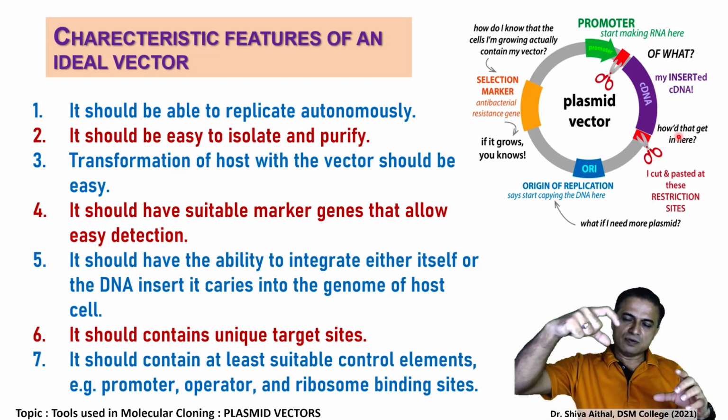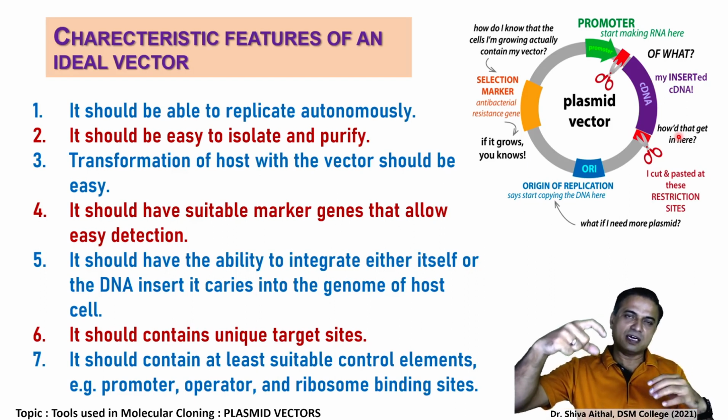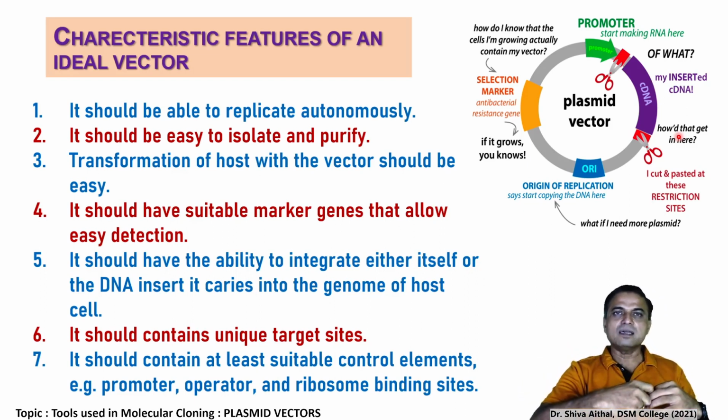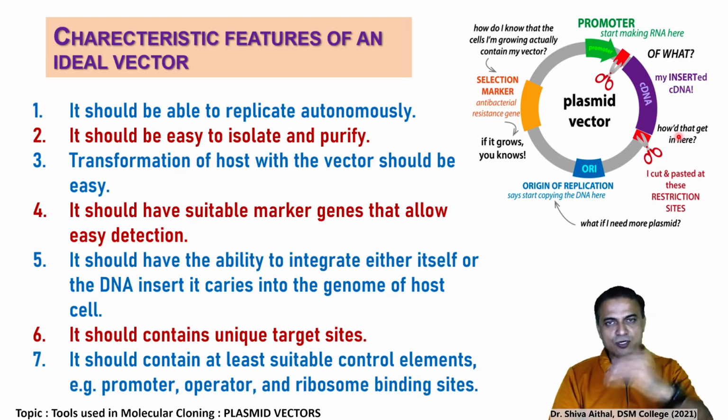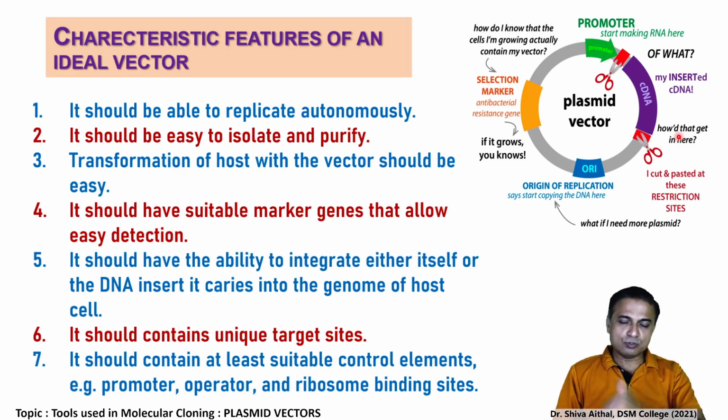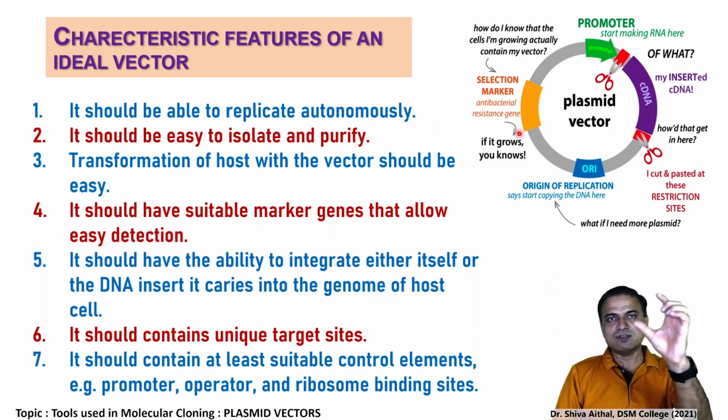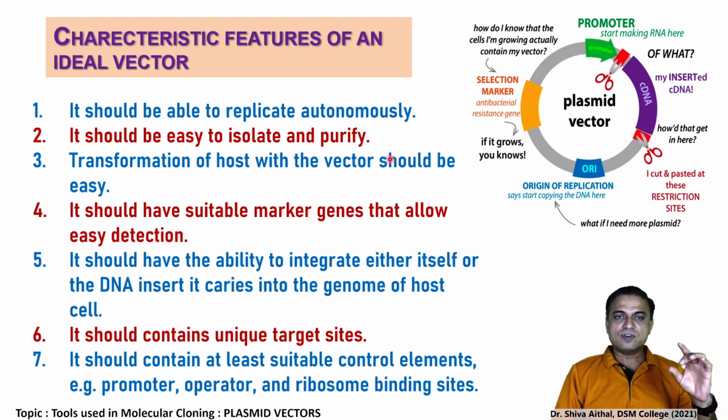This plasmid is an extracellular DNA, and it will be taken up by the bacterial cell, introduced into the bacterial cell by the transformation technique. This is an artificial technique using the calcium chloride method, which I will explain in later lectures. So transformation is a process where this plasmid vector with the gene of interest is introduced into the host.